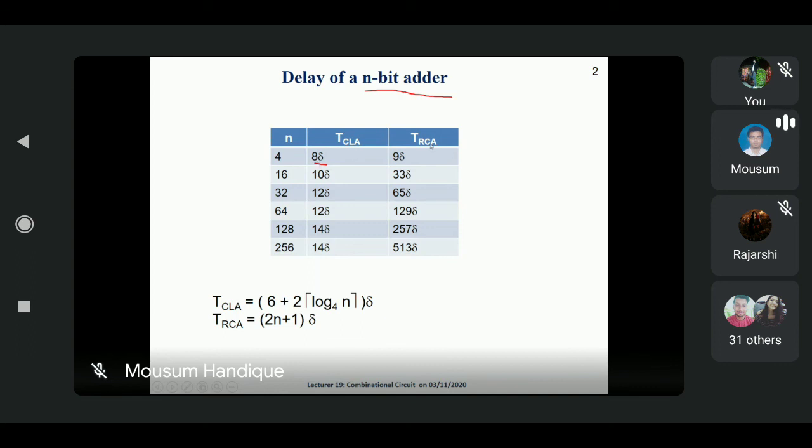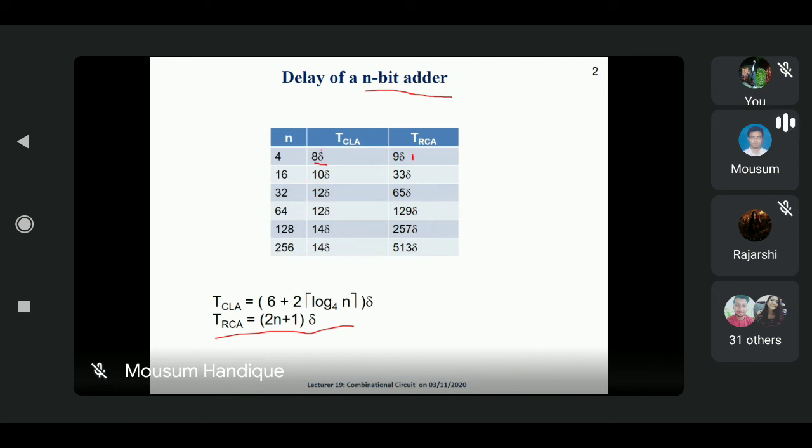And for the RCA, this is the formula, 2n plus 1. That means 2 into 4 for a 4-bit adder is 8, plus 1 is 9 delta. So here it is 9 delta.